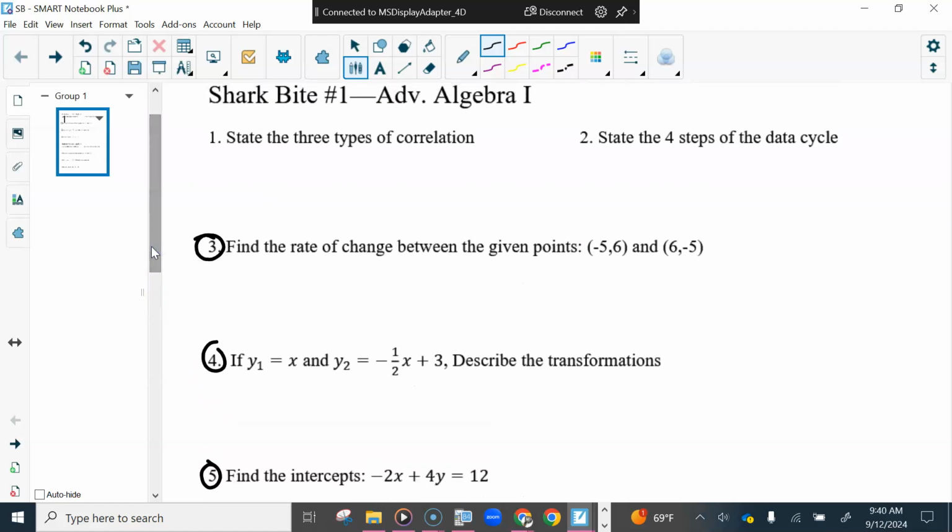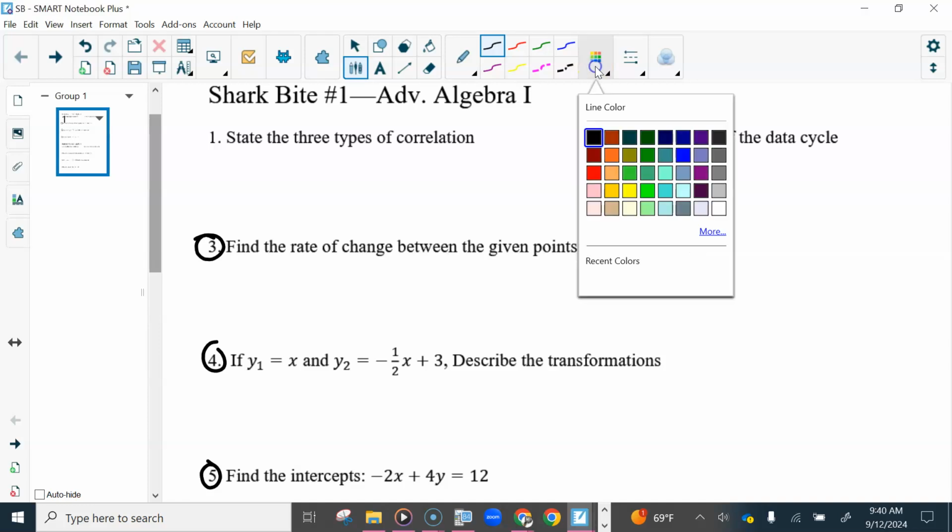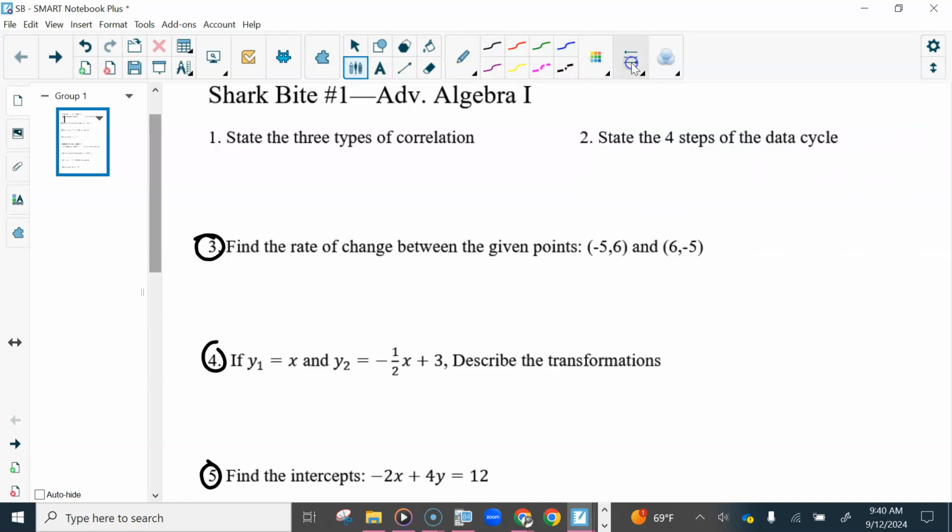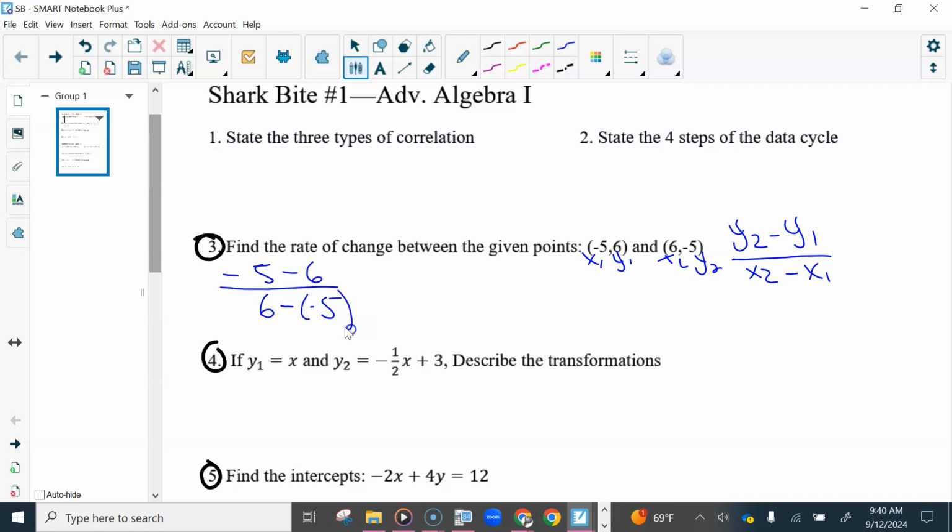Okay, for number 3, find the rate of change between the given points. That's your slope. So we need to find the slope with your slope formula. Label them if you need to. By doing -5 minus 6 over 6 minus a -5.